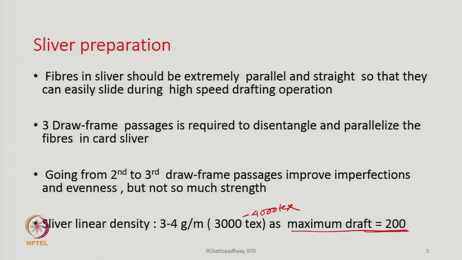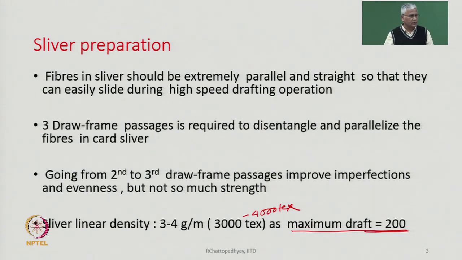So, if I feed a 3000 tex sliver and give a draft of 200, the count of the yarn is going to be roughly 15 tex, 3000 divided by 200. So, that will give you a value of around 15 tex.